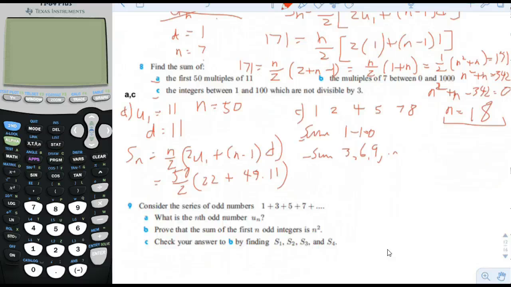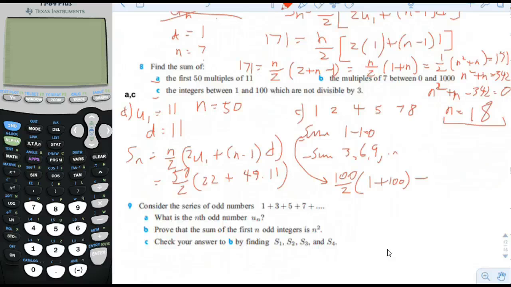Okay, so for example, the numbers from 1 through 100, the sum would be 100 divided by 2 times, u1 is 1, un is 100. Okay, so that would be the sum of the numbers from 1 through 100. And then you would subtract the numbers that are divisible by 3.